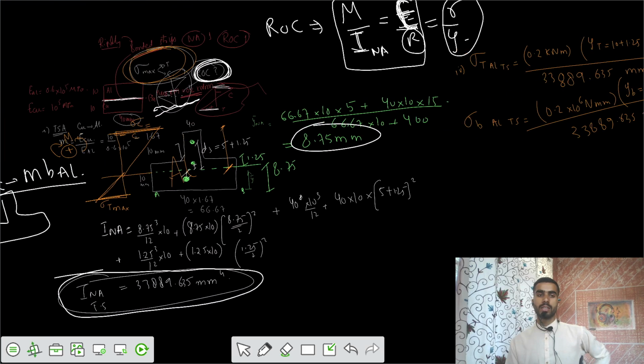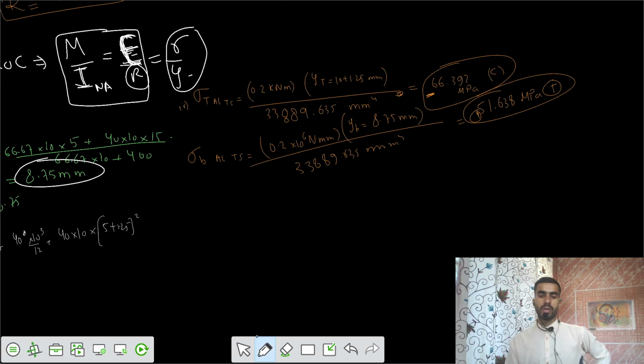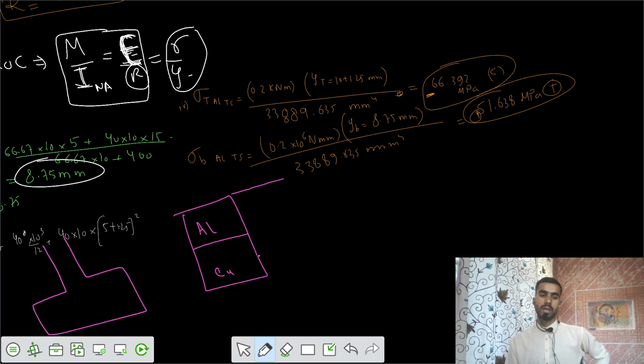If you want the actual stresses at the top and bottom, your section looks like a rectangle. You had this brass and you had this aluminum and copper. The equivalent section was this way: this was your aluminum and this was your aluminum.